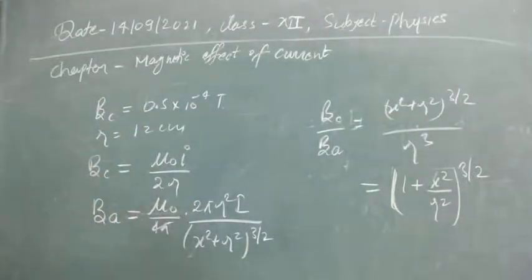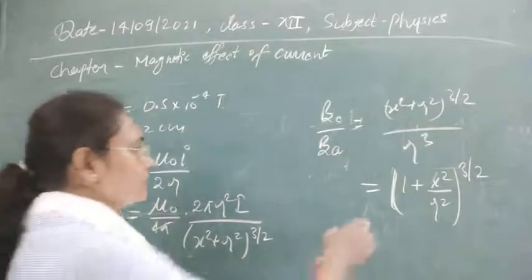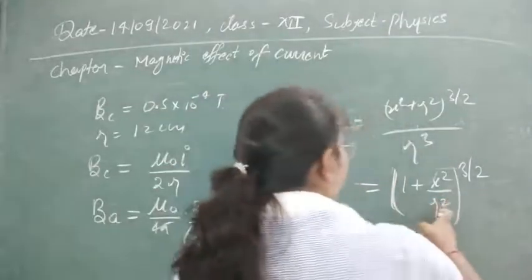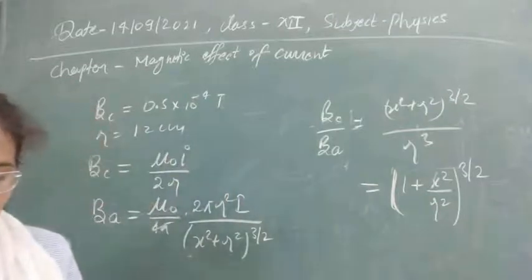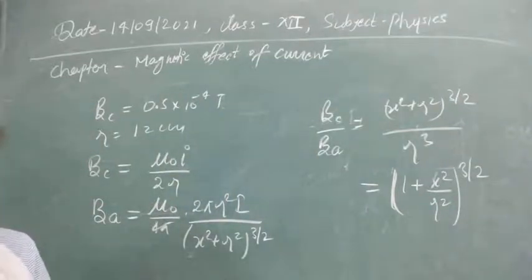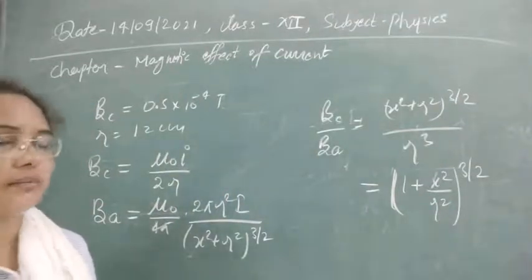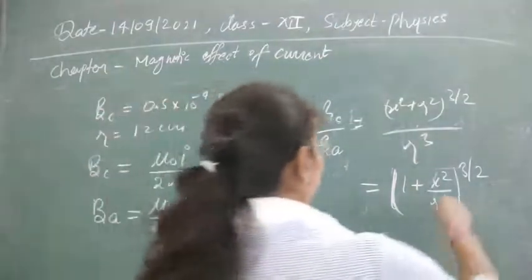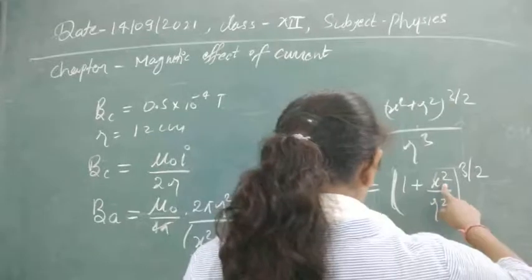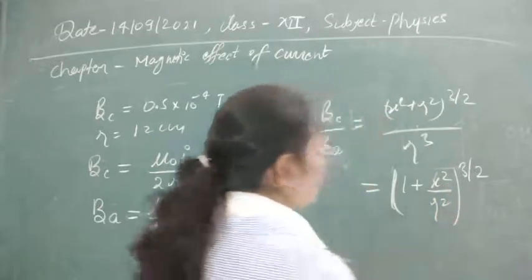Here if you solve, then this value is obtained, and this approximation holds whenever r is much less than x. But here r is 12 centimeter and the distance is given as 5 centimeter, so you cannot neglect these values. The value of x is 5 centimeter and the value of r is 12 centimeter.